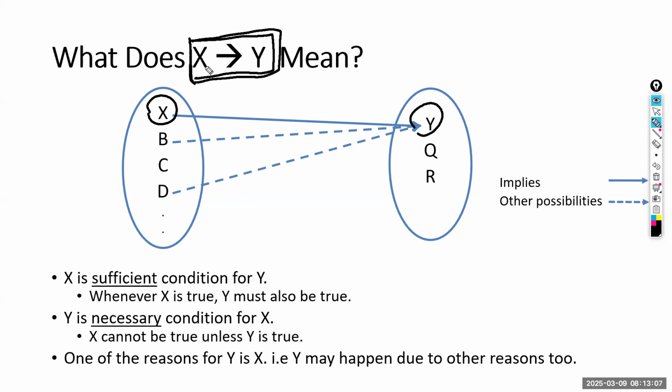For all the other things, I can't defend. So when I say if X then Y, definitely when X happens, Y must have happened, otherwise I'm wrong. But at the same time, Y can happen for other reasons that I have not excluded.